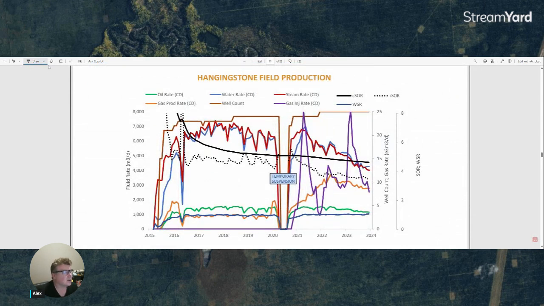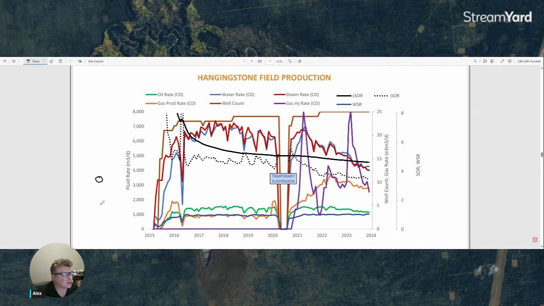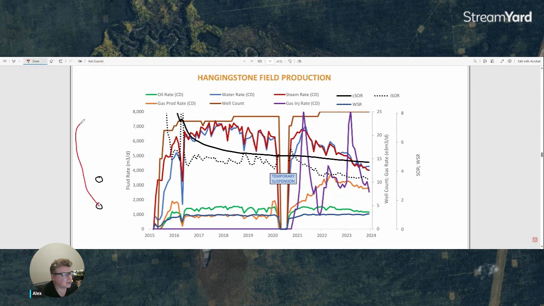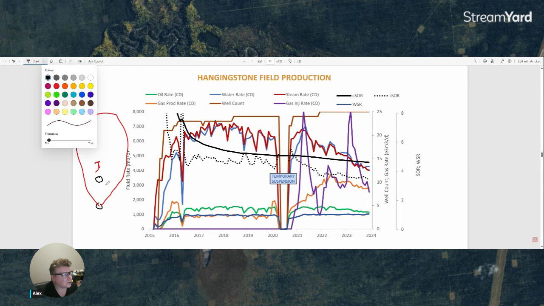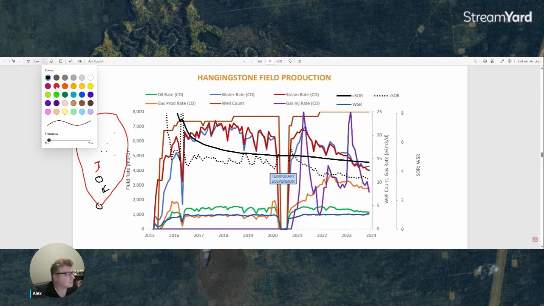So again, in the SAGD recovery scheme, you will have an injector, a producer, and chamber development. Let's do chamber development in red this time. So like this. You inject steam here and you produce oil downward. It drains by gravity because of the heat transfer to the pay, and the more the chamber rises, the more production you get from it.